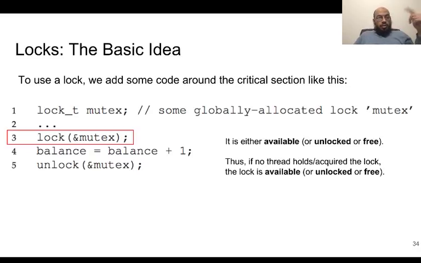So you'll spin, and we say spin because you're sort of in an infinite while loop until the lock becomes available. So you do not actually check if the lock is available. You just try to lock, and if it's not available, you will not be able to acquire the lock.